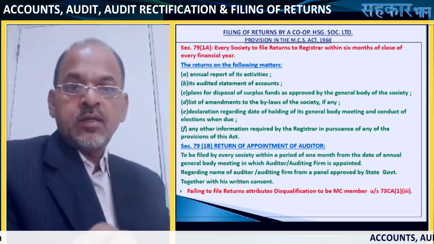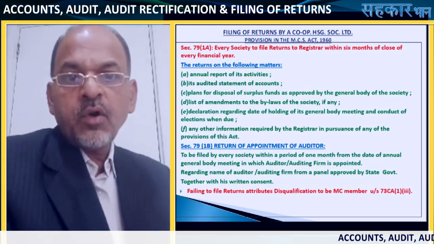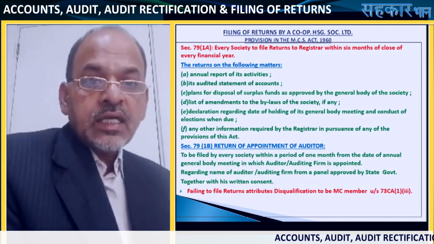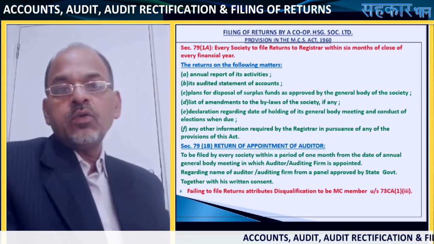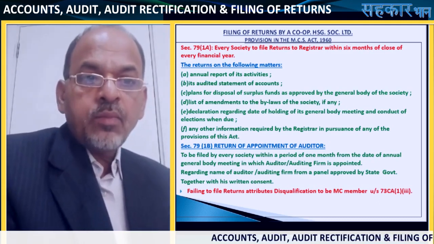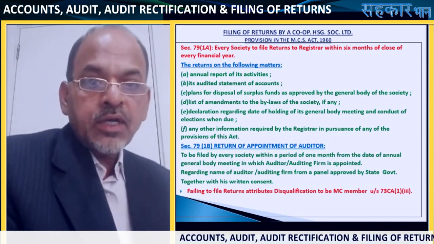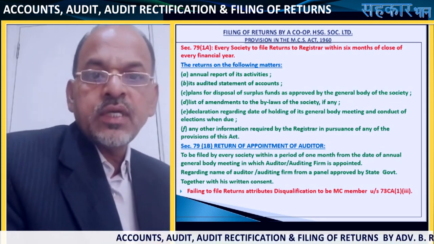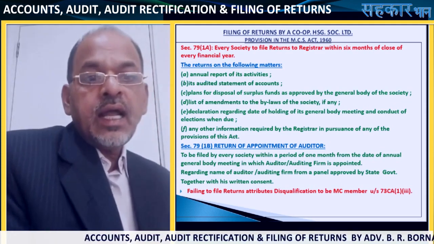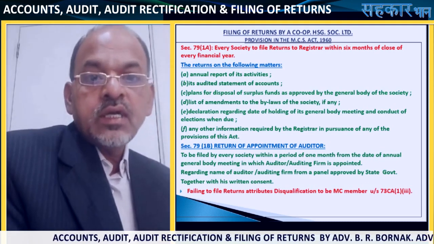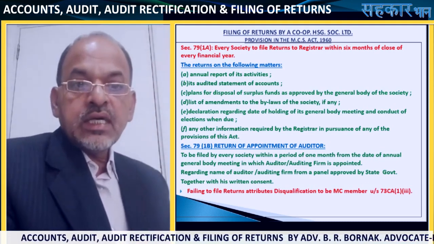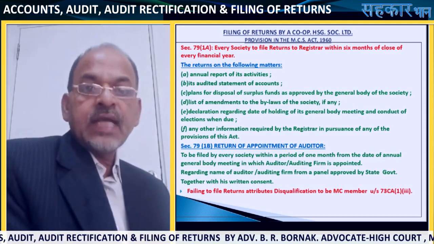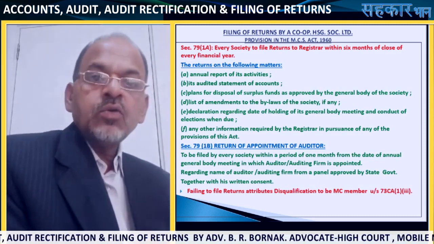Means from the date of the annual general body meeting, this return of auditor is required to be submitted to the registrar within 1 month, and in this return the society will have to report to the registrar the name of the auditor, auditing firm, and other particulars, means their PAN number, their contact number, etc. Then that is to be reported to the registrar, and together with this information the society will have to submit a written consent of the auditor, that he has agreed, as appointed by the society, to carry out the audit of the accounts of the society.